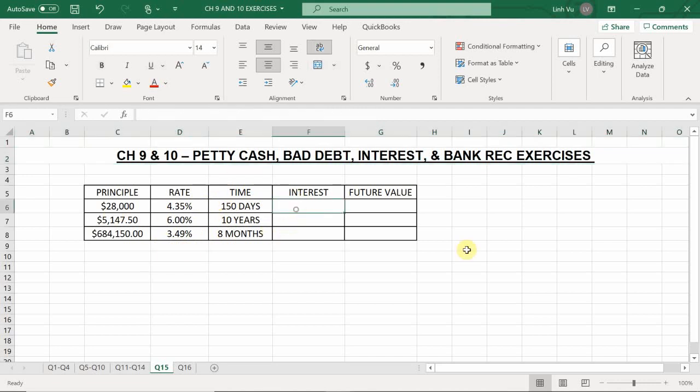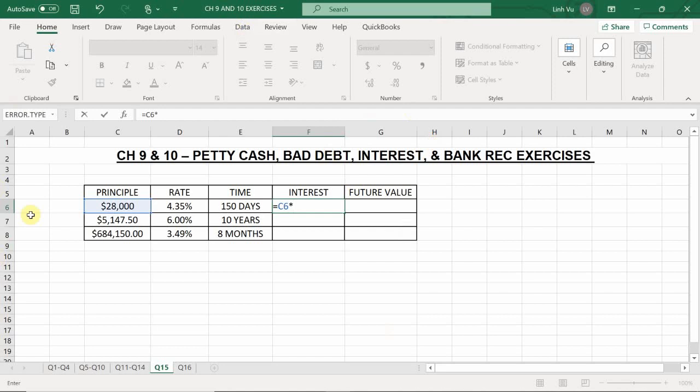So in this case, let's go ahead and practice our numbers here. In order to solve for interest, which is PRT, P is going to be your principal, so 28,000 times 4.35% times, and this time it's in 150 days. Well, 150 days, right, in terms of months?